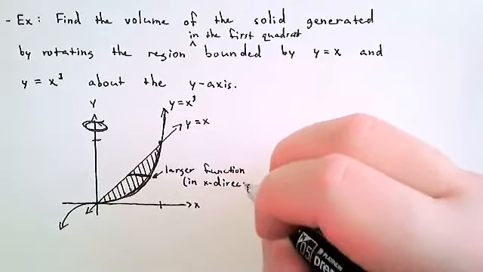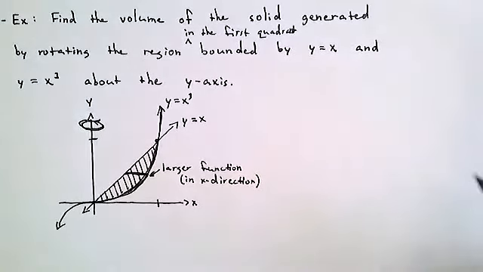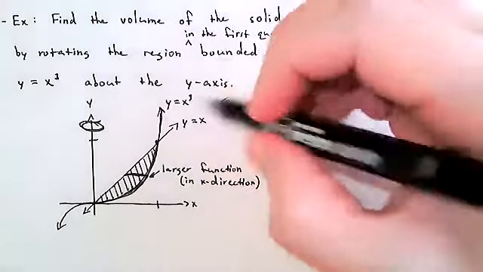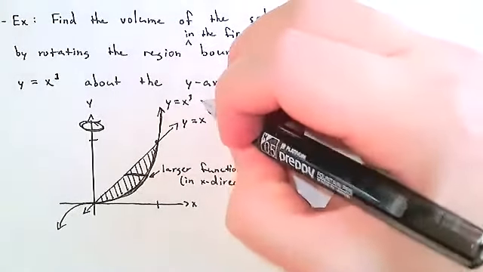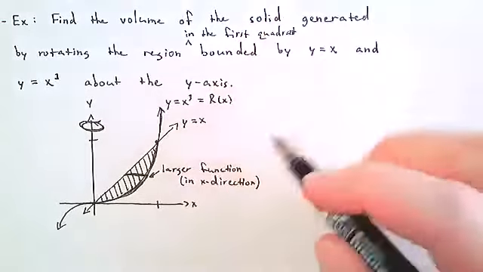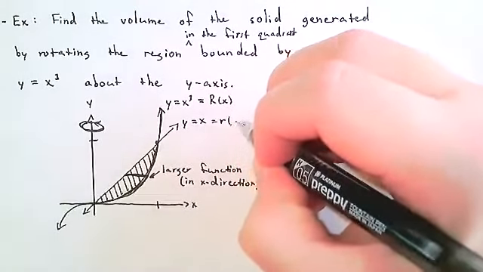So maybe we can say it's the larger function in the x direction. And when we're rotating this way, that's what matters. So y equals x cubed is going to be my larger radius, and y equals x is going to be my smaller radius.